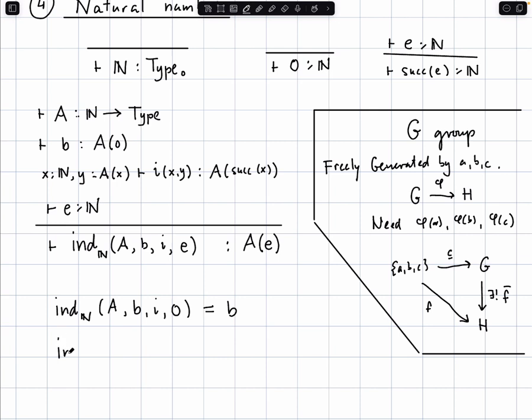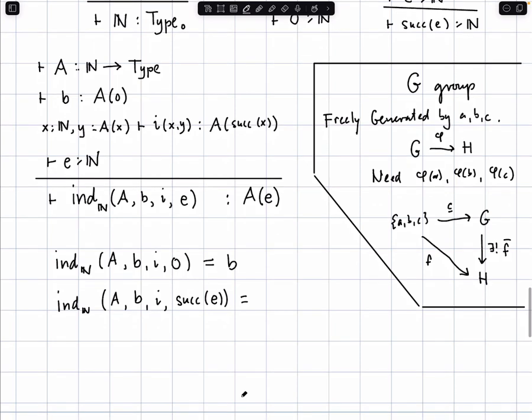And what do you think I should get if I apply this at a successor of some element, let's call it E? What should happen? I should make a recursive call, right? How do I make a recursive call? Okay, so I would make the recursive call. It would give me a result, and then I will use this, because this is how I make recursive calls.